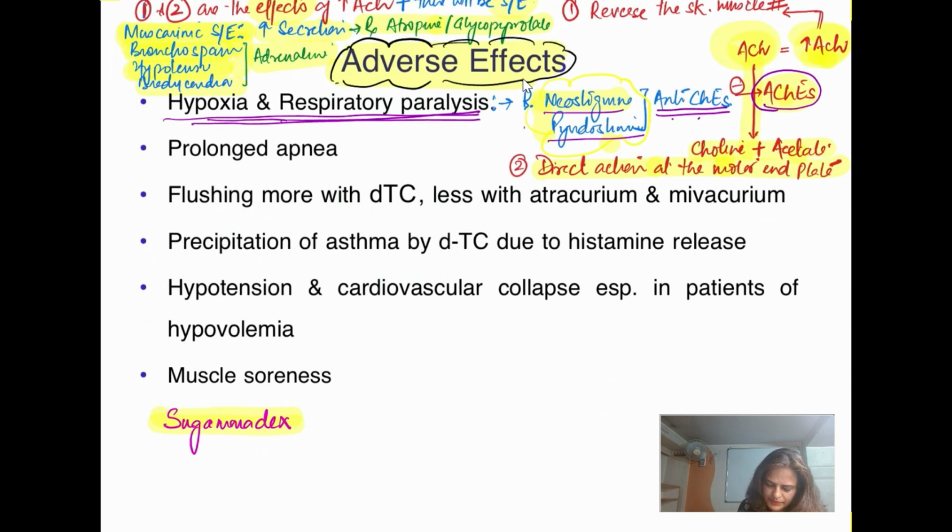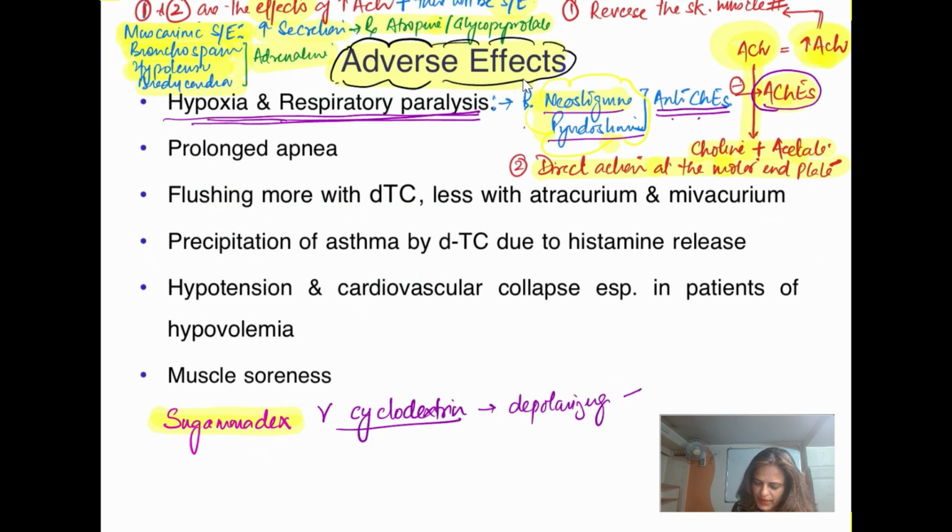How does this act? It is a cyclodextrin. You can say gamma. This is its structure, cyclodextrin. It is going to encapsulate whichever neuromuscular blocking agent you have, the non-depolarizing ones.